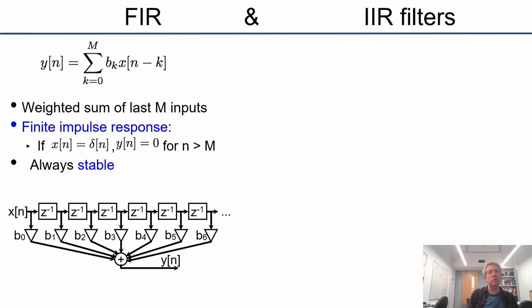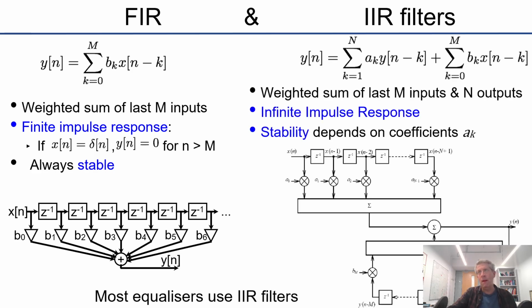FIR, which I was just discussing, involves a weighted sum of the last inputs to produce the output, but the output is not dependent on previous outputs. So by definition, it's always stable. For IIR filters, the current output depends on previous outputs, like delay with feedback.